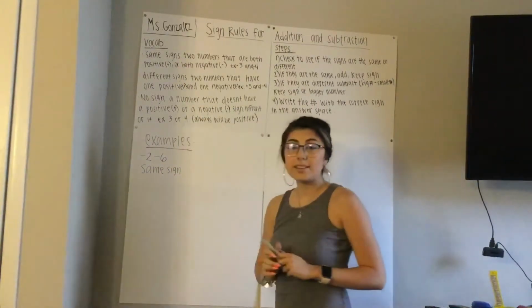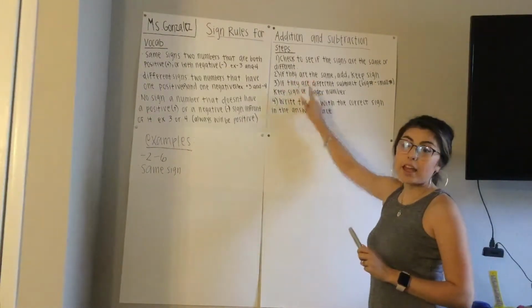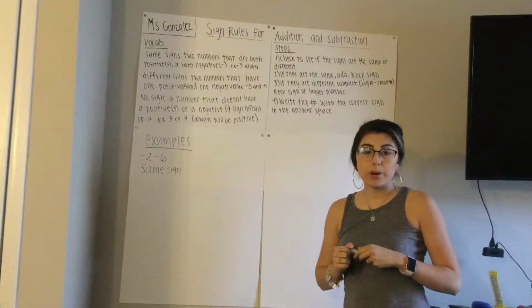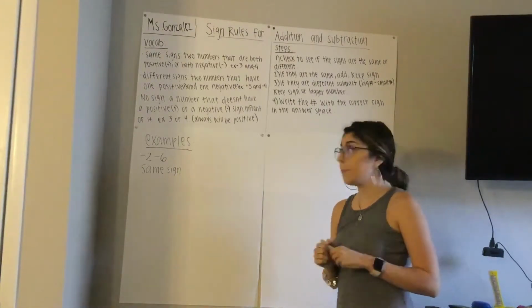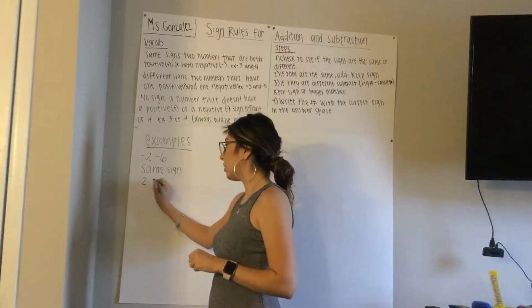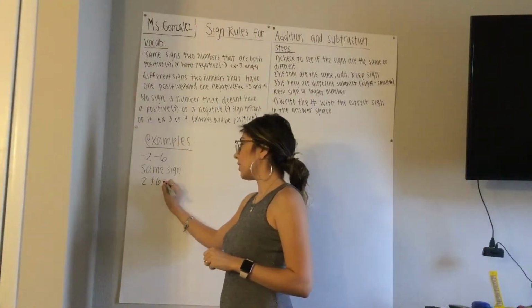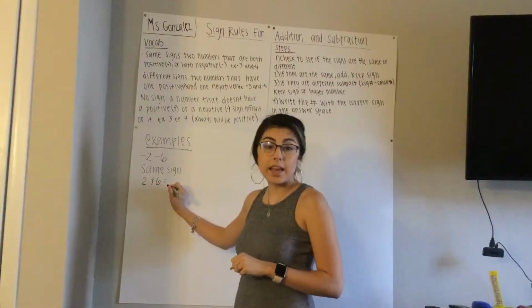All right, and our next step. If they are the same, add and keep the sign. So what we're going to go ahead and do is add, right? Okay, so we're going to add 2 plus 6, and that's going to give us 8, correct?